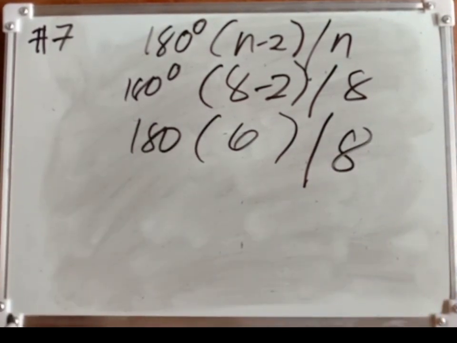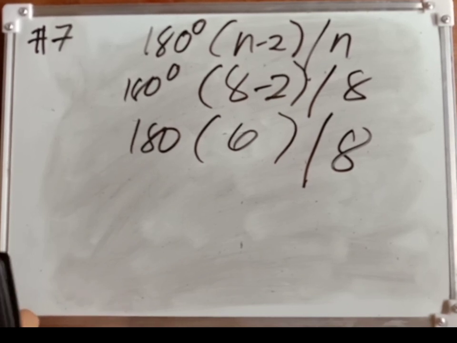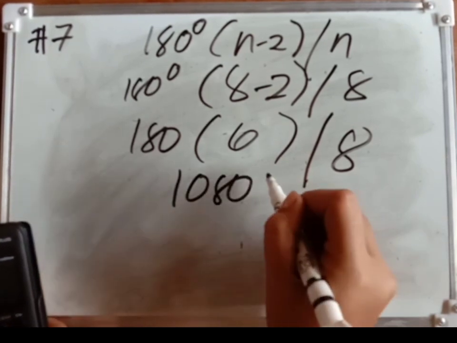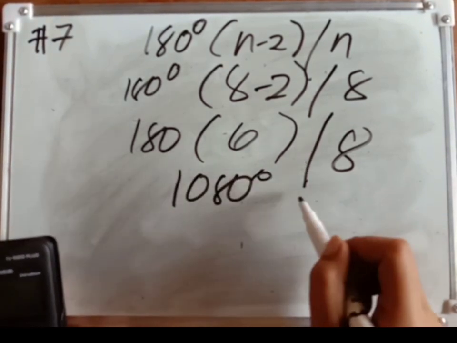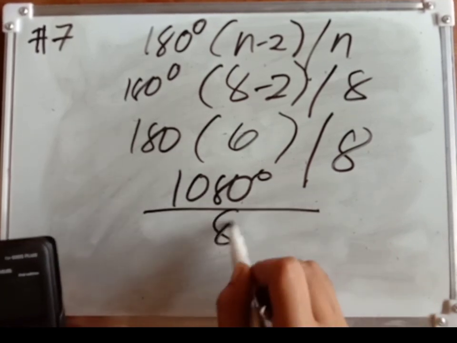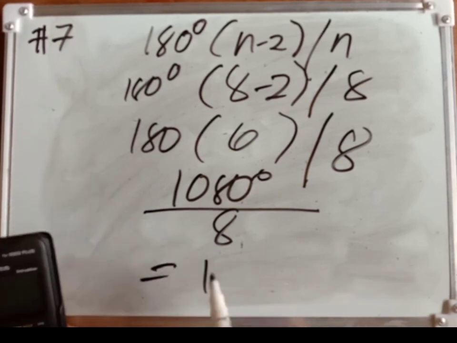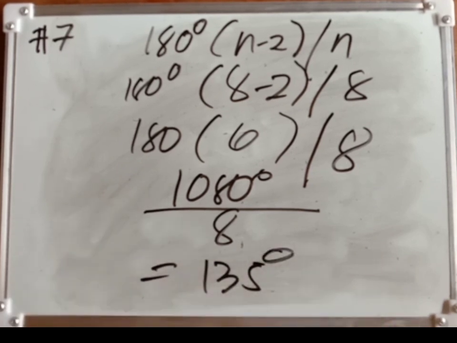So 180 degrees multiplied by 6 is equal to 1080 degrees divided by 8, which is equal to 135 degrees. So therefore, the measure of each interior angle of an octagon is 135 degrees.